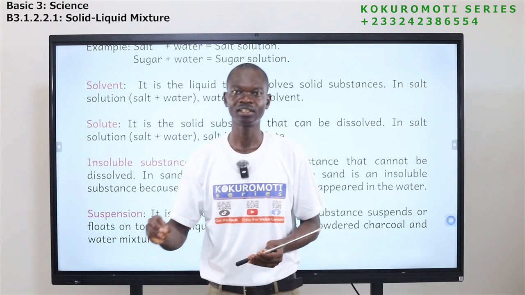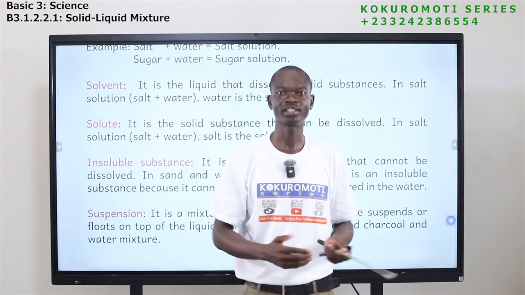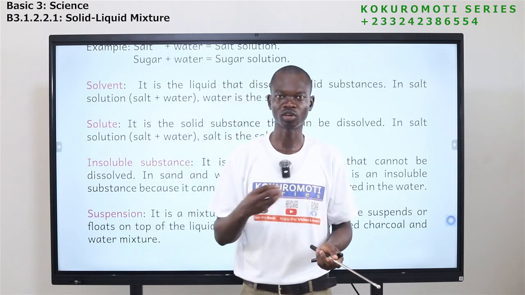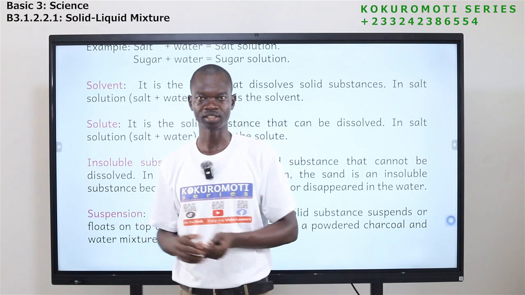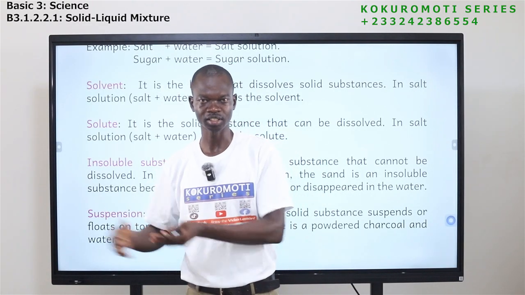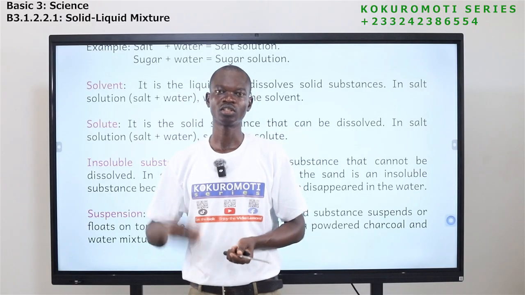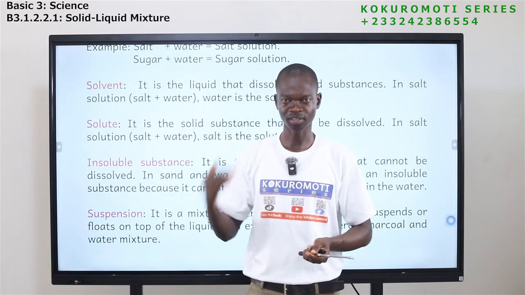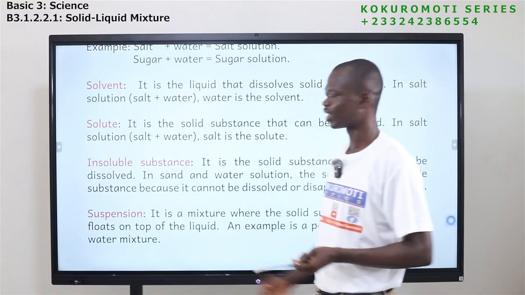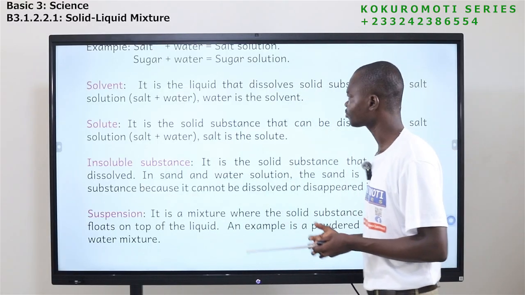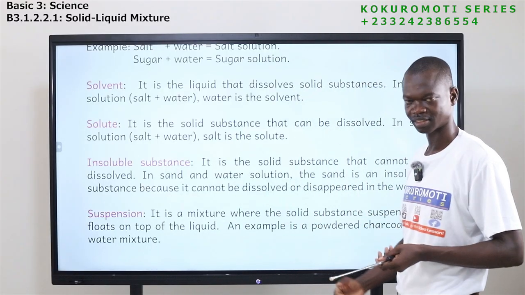So the water, in science, we call it solvent, because it is able to dissolve the solid particle or the solid component. So water is what? Solvent. Water is solvent. We are saying that solvent is the liquid that dissolves solid substance.